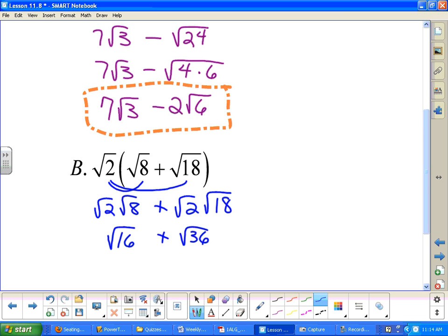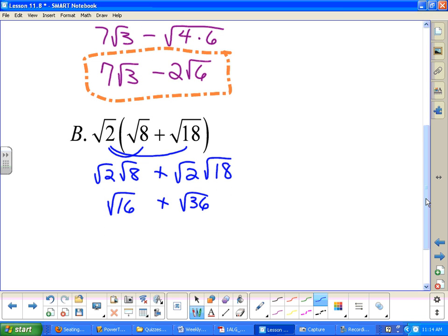Oh, that's nice, isn't it? Those are both squares, so we get 4 plus 6 equals 10.